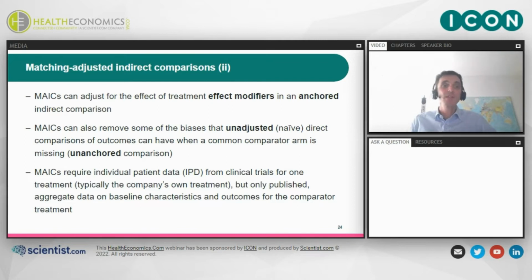In any case, if you do an MAIC, you need individual patient data from clinical trials for one treatment. Typically, this is the company's own treatment, whereas it is sufficient to have published aggregate data on baseline characteristics and outcomes of interest for the comparator treatment.